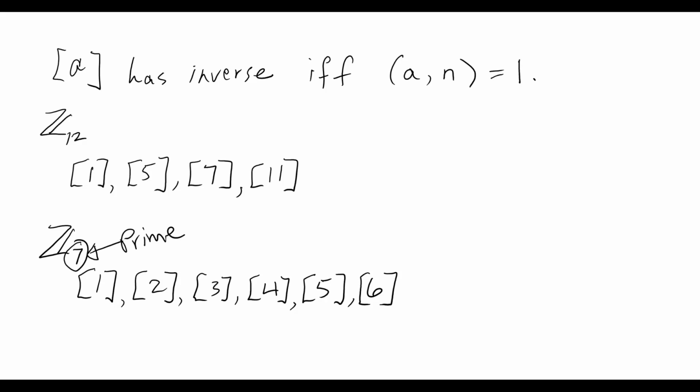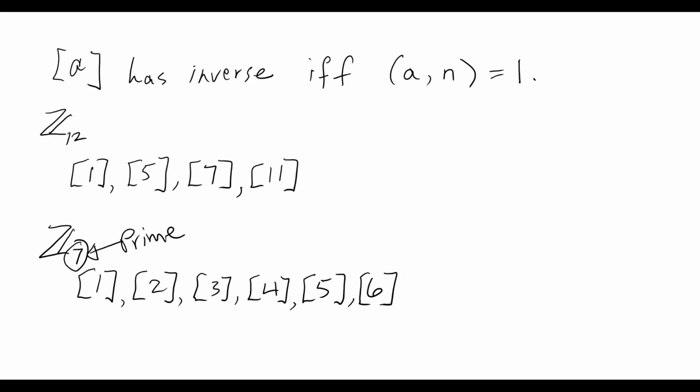This brings us to the corollary on page 114 about multiplicative inverses in Zp, where p is prime: every non-zero element in Zn has a multiplicative inverse if and only if n, the modulus, is a prime number.